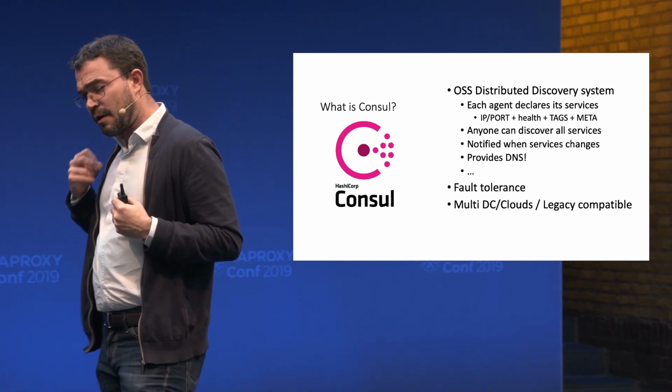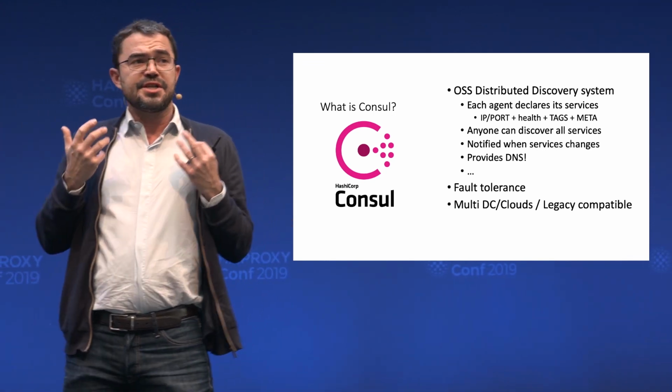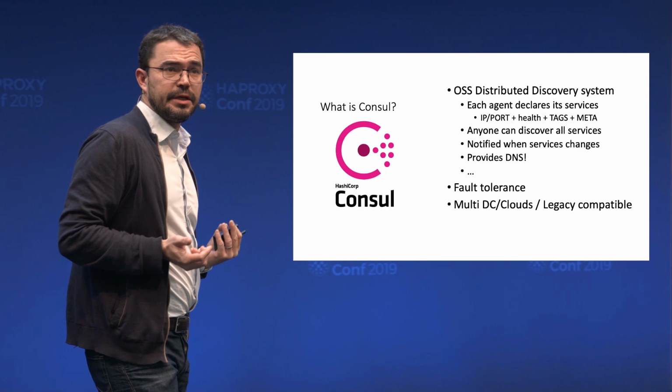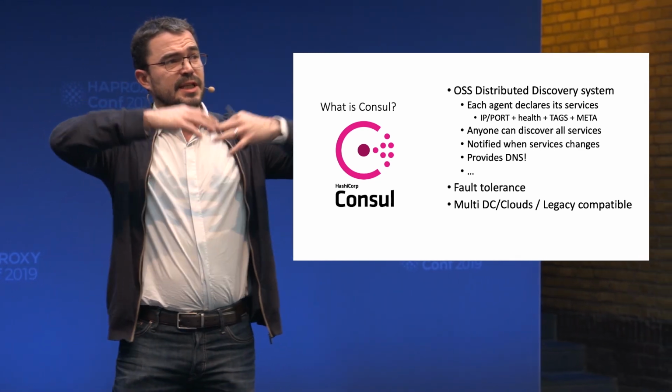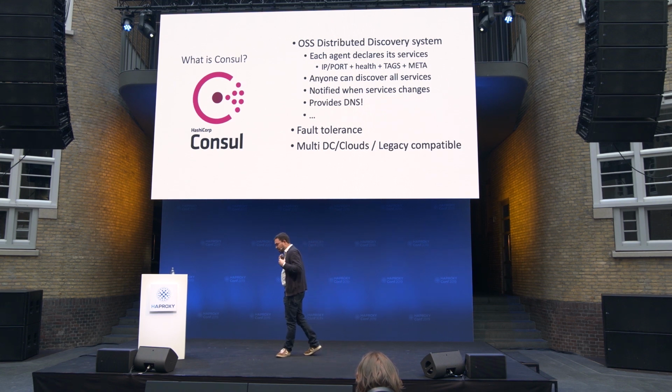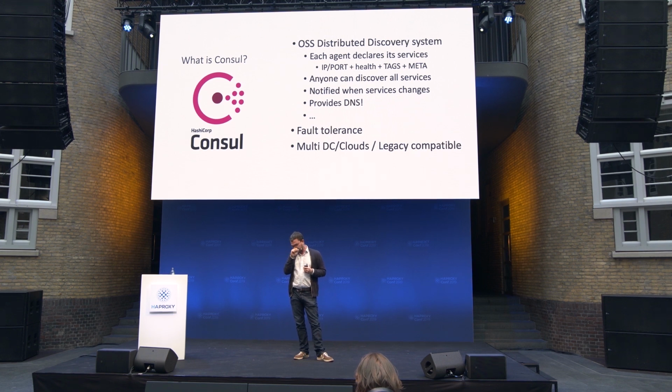Those agents are also responsible for checking whether the services they are hosting are working properly and dispatching this information across the cluster. That's very interesting because whenever you are reaching some scalability limits, each of your health checks has to be done by each system. And here you have a global view of the healthiness of a given system. So it's very important for us.